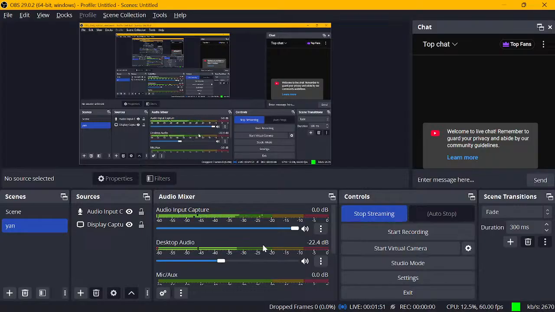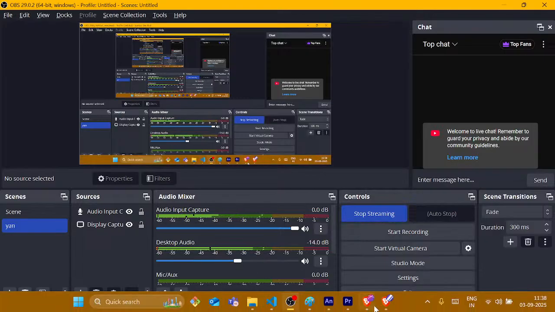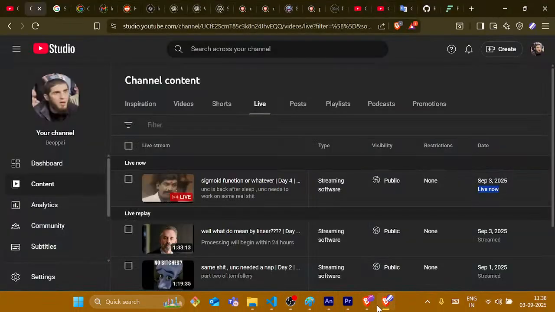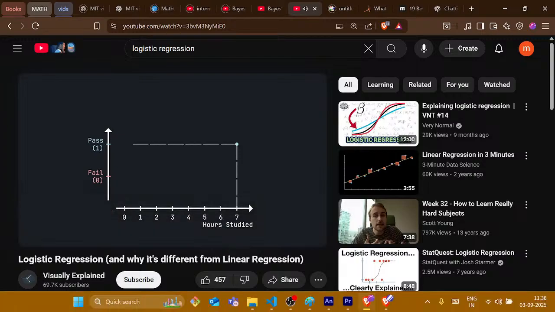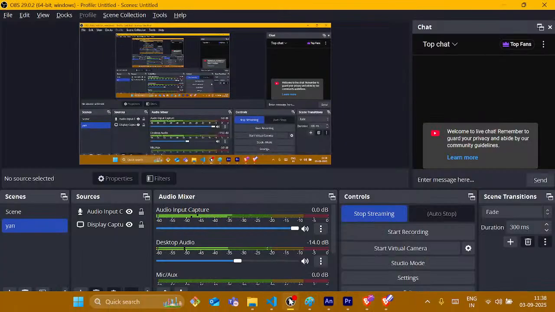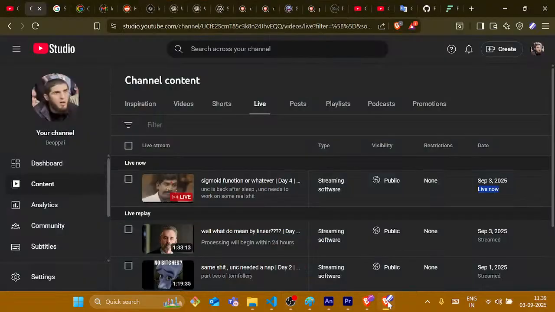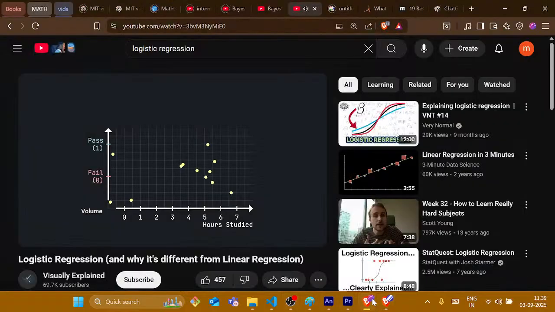Let's start with this simple task. Based on how many hours the student has studied for the final exam, we want to predict whether that student has passed or failed. For example, can we predict whether this student who has studied for 7 hours is going to pass or fail? Like any other supervised learning task, we need training data to learn from. Say we have records from previous years of students, we know how much they studied and whether they passed or not the final exam.